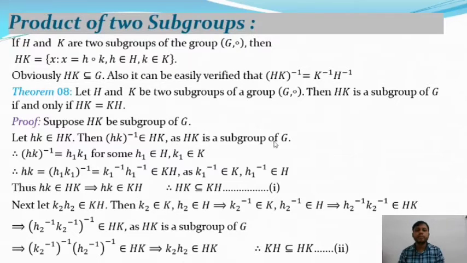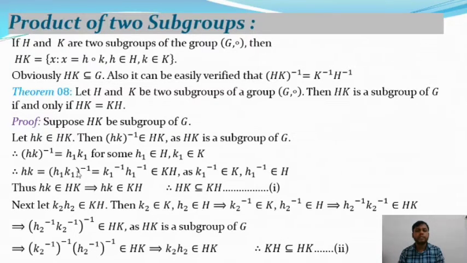So hk belongs to HK, then (hk) inverse also belongs to HK, as HK is a subgroup of G. Therefore (hk) inverse equals, say, h1 k1, for some h1 belonging to H and k1 belonging to K. So from the above equation we find hk is equal to (h1 k1) inverse.